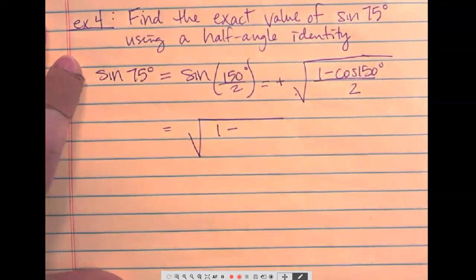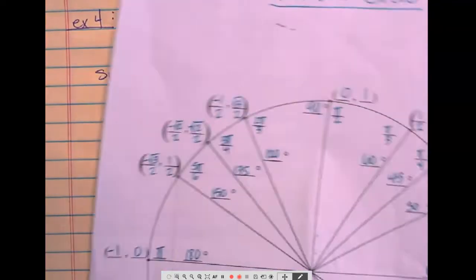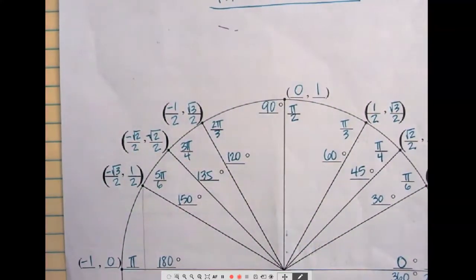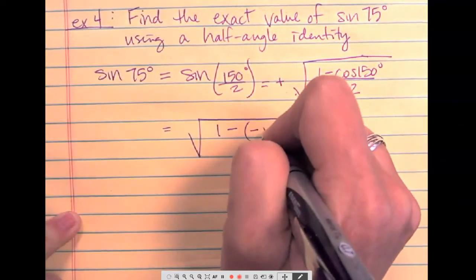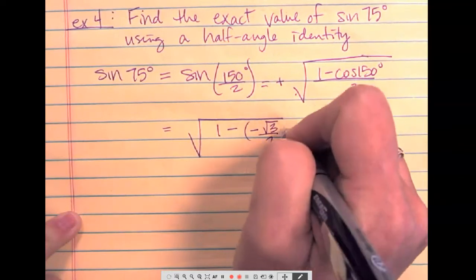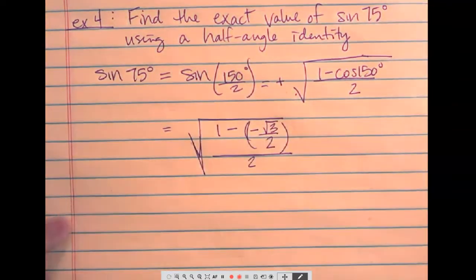1 minus, what is the cosine of 150? Negative square root of 3 over 2. And all that's over 2.